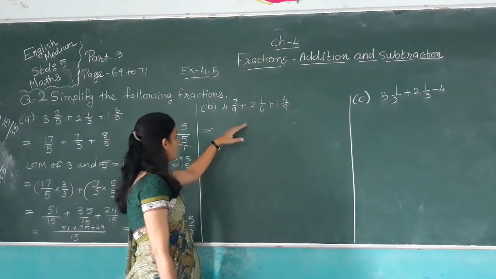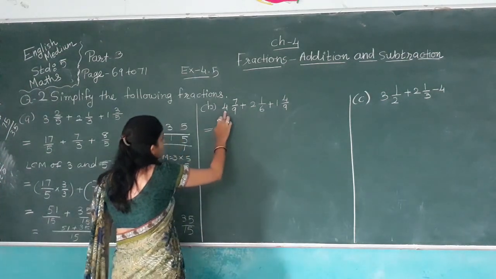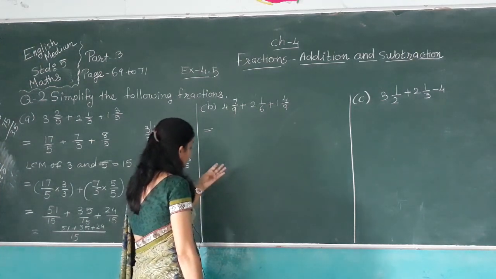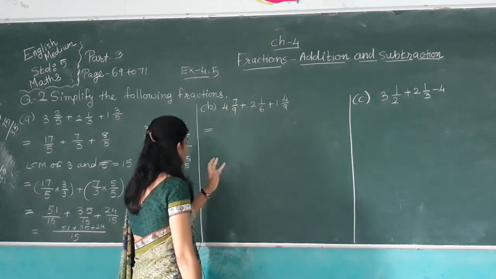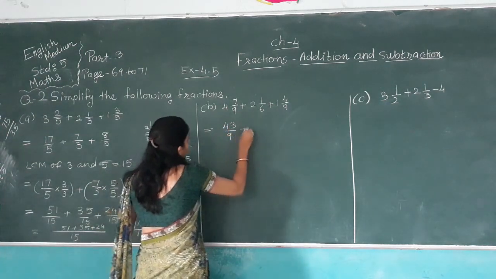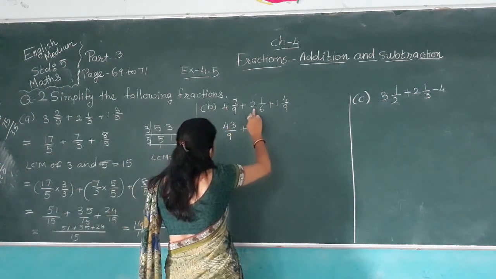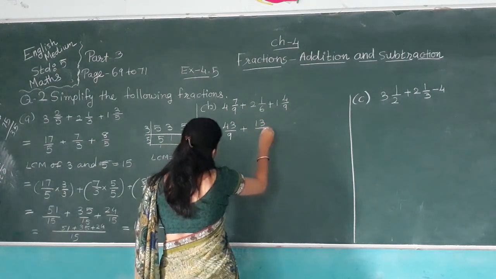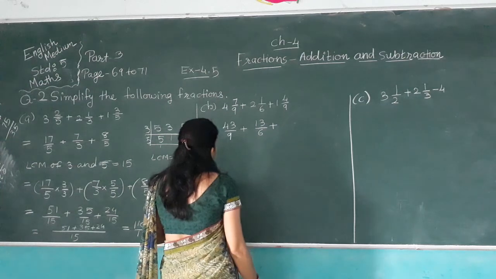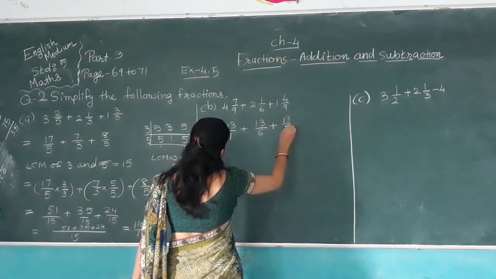First we convert into improper fractions. 9 fours are 36, 37, 38, 39, 40, 41, 42 and 43. 43 out of 9 plus 6 twos are 12 plus 1, 13 out of 6. 9 ones are 9, 10, 11, 12, 13 out of 9.